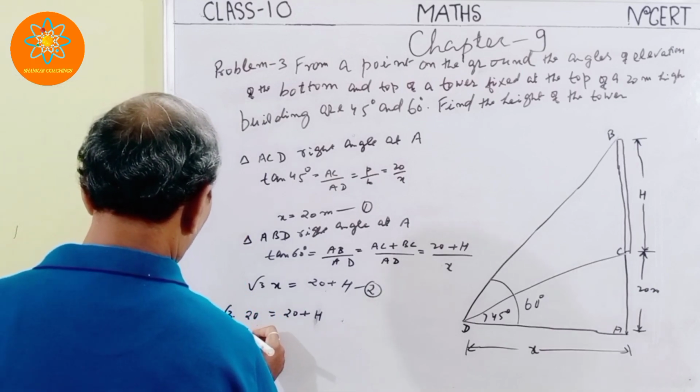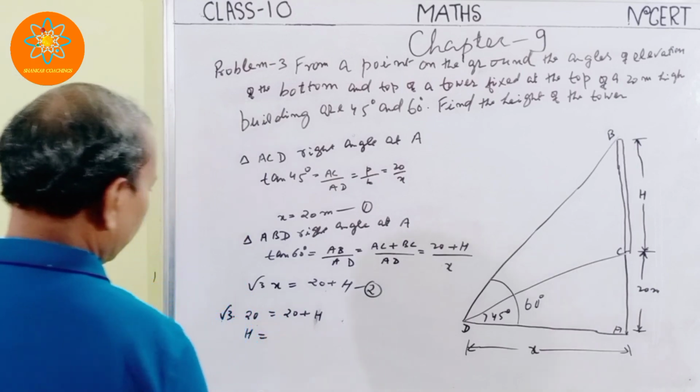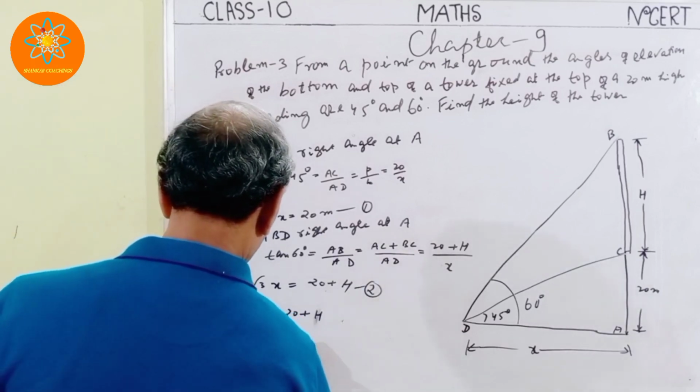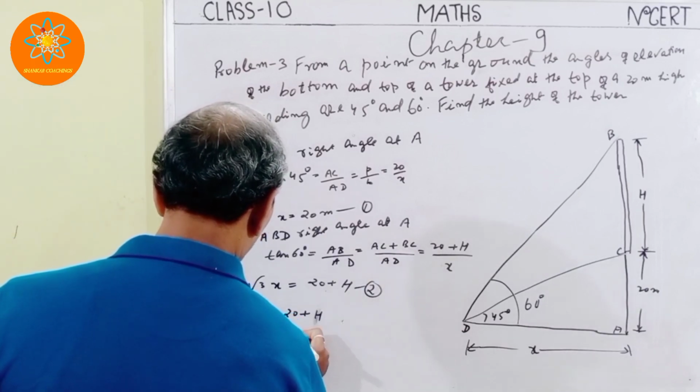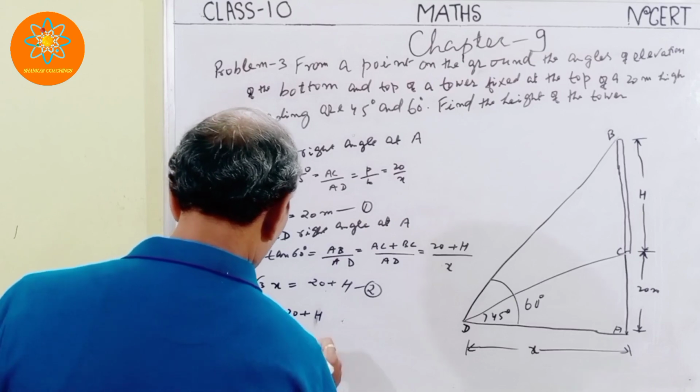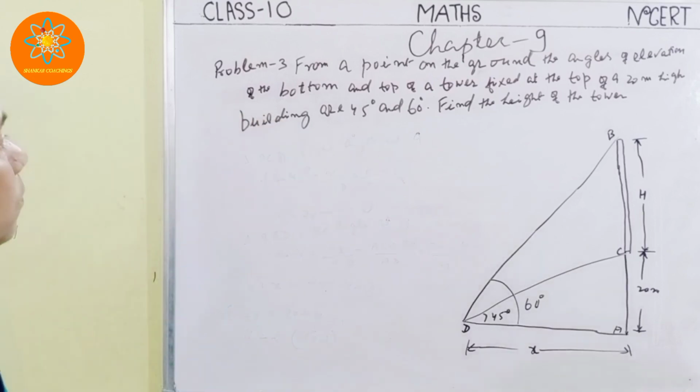So h is equal to 20 common, root 3 minus 1.